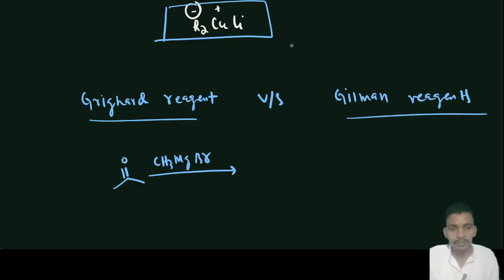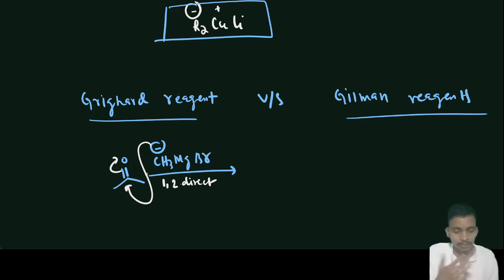It is a carbon transfer reducing reagent, the carbon has the negative charge, and it is going to attack here. This is a hard part, and this is also hard. Hard has a good interaction with hard, so here 1,2 direct addition will occur.